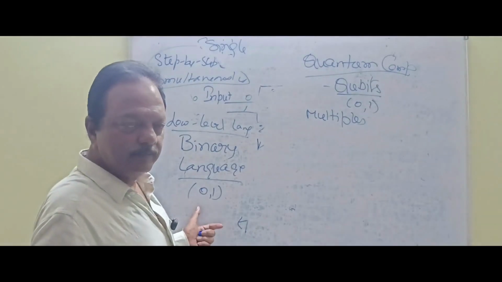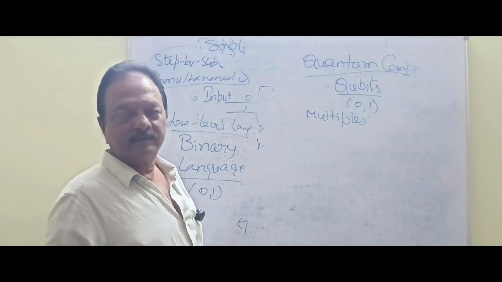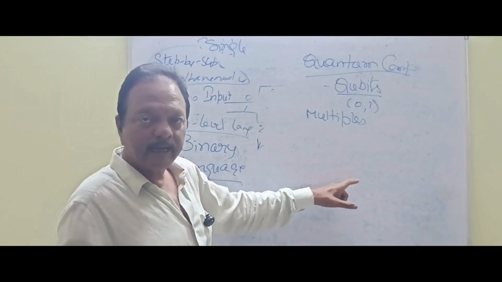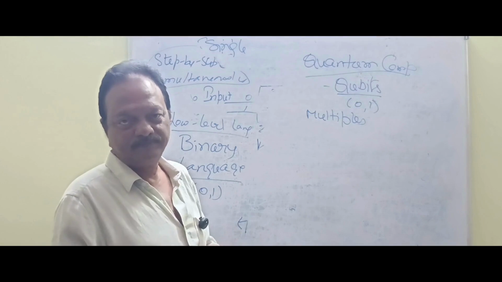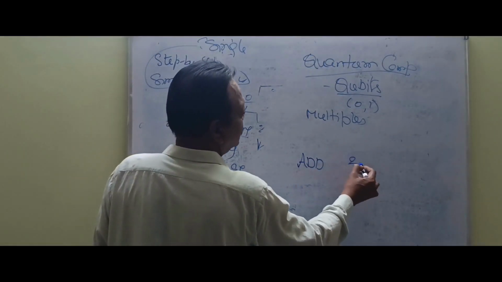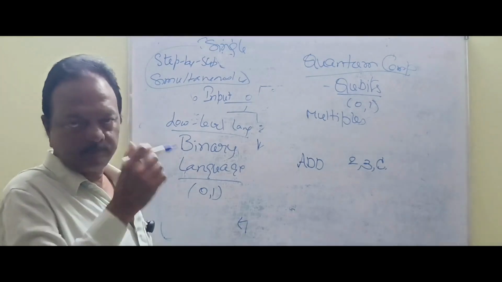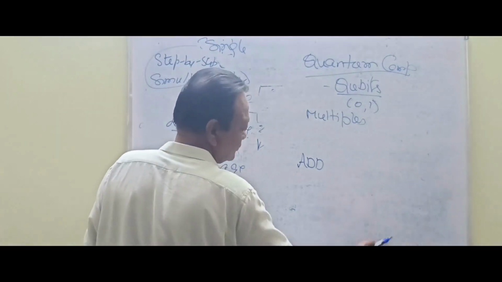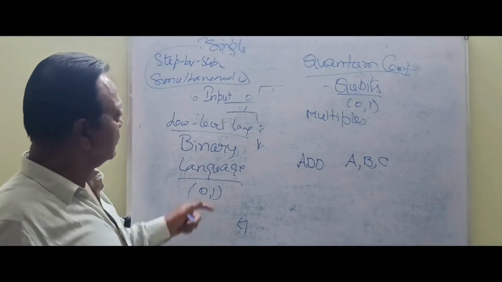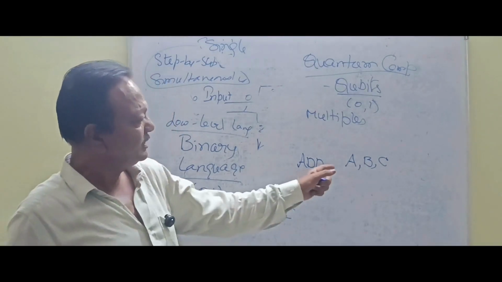Last time I explained load A, load B, like that, one by one instruction, step by step. Here, at a time it will take all the values, multiple values. Let's say add 2, 3, let's say C. Or simply A, B, C. In this program, 2 plus 3 equal to 5, it will get done in one step.